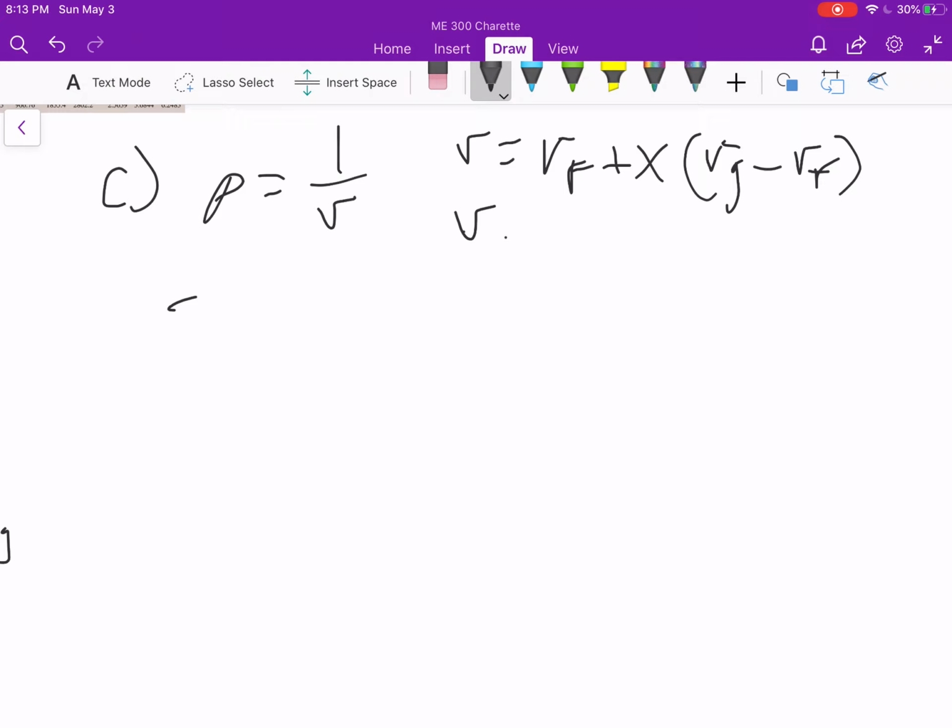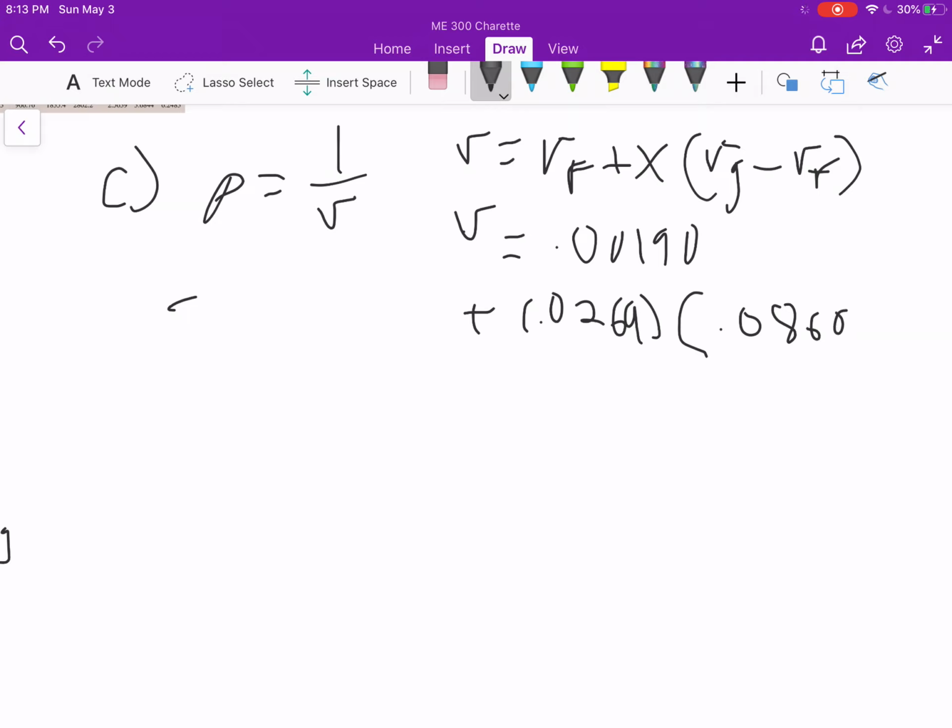And our average specific volume is going to be the specific volume of the liquid, which is 0.00190, plus the quality, which is 0.0269, times the difference between our saturated vapor and saturated liquid, which is going to be 0.086094 minus 0.00190.